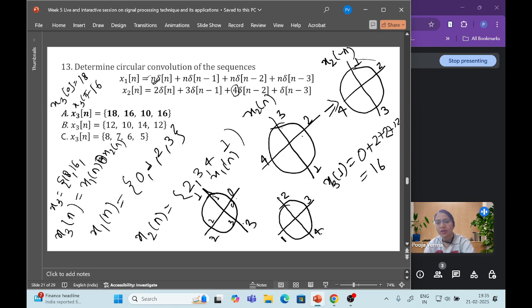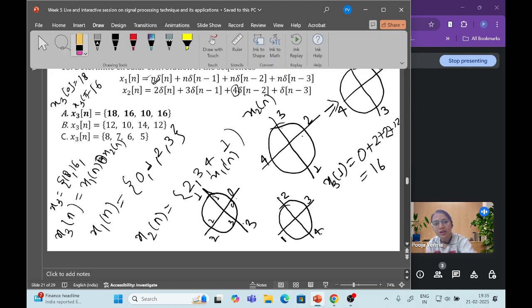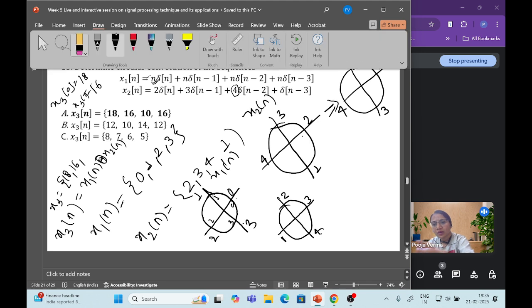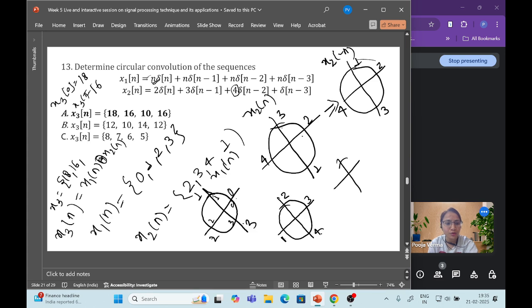Now calculate at the second position. Shift by one place and calculate. What will be the value? Anyone? Shift again by one place, so here it will come 4, here 3, and so on. It is x2 of 1 minus n.